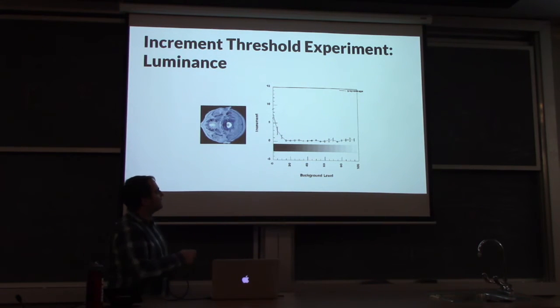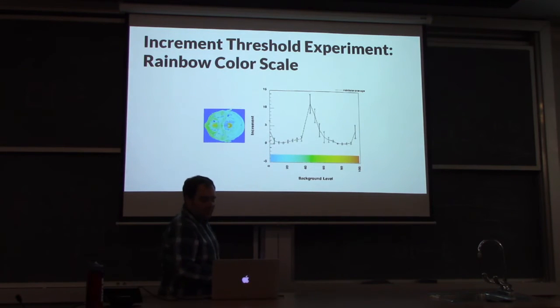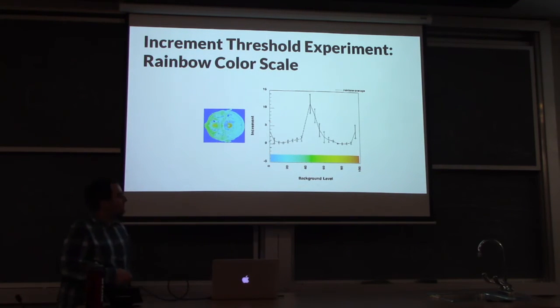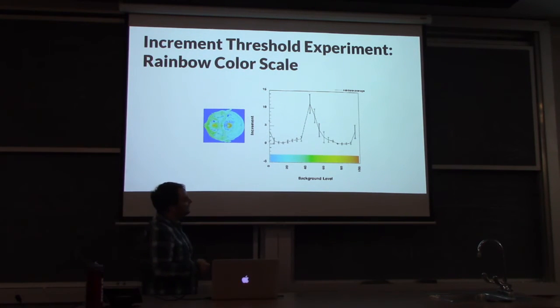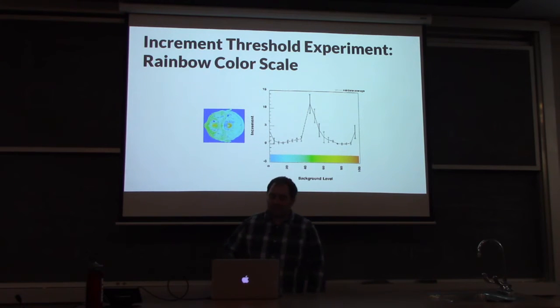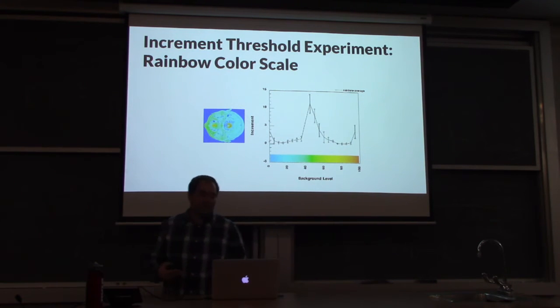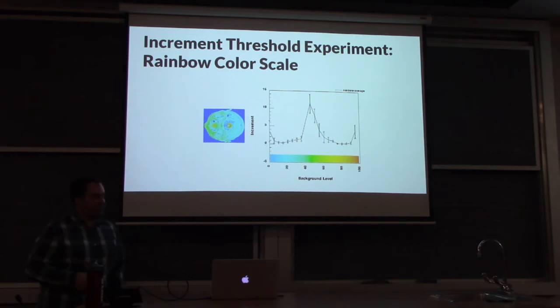If you have a data increase, we can see that the error is pretty low. If you do that with the rainbow color scale, the error is actually very high at these edges, at these gradients. So this is empirical evidence that these rainbow color scales can be a problem for thresholding.